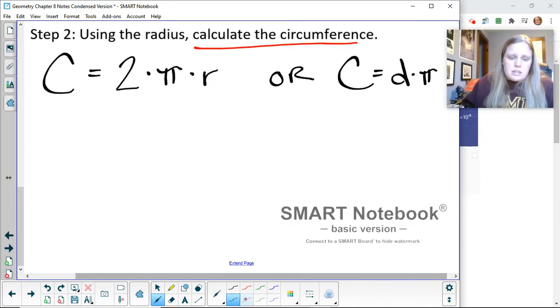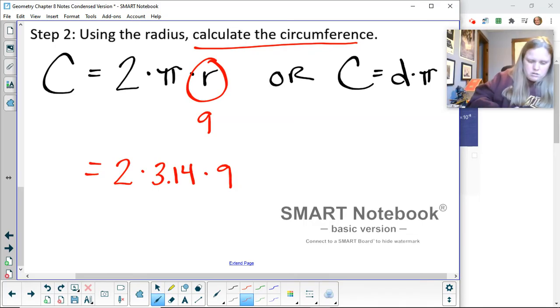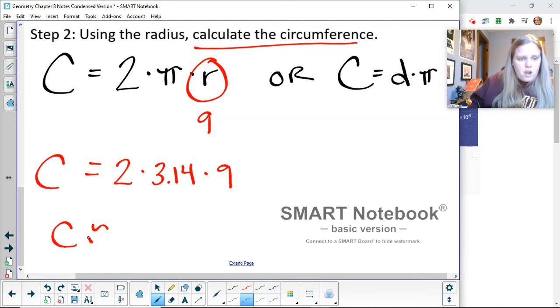So we have the radius. I'm going to plug in our radius, which was the length of 9. And so this would be 2 times 3.14 times 9. All right, we get a circumference of approximately 56.52.